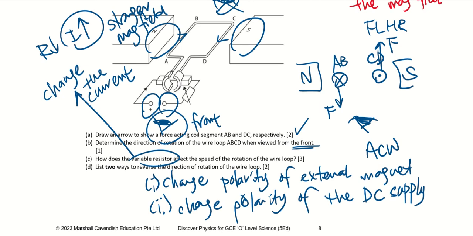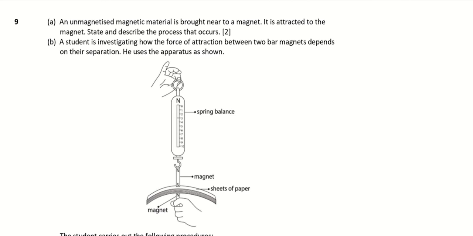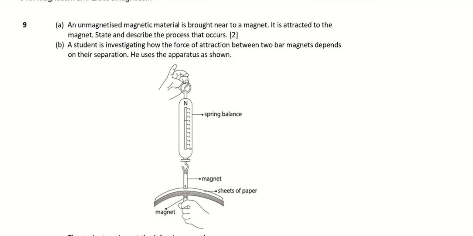Alright. Okay, so question 9. An unmagnetized magnetic material is brought near to a magnet and is attracted to the magnet. State and describe the process that occurs.